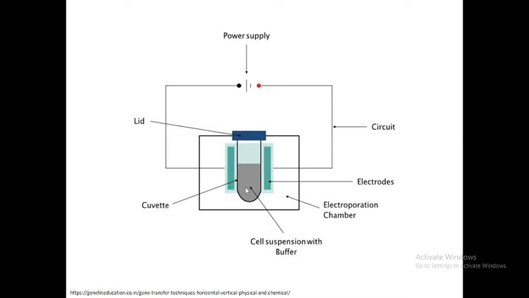Before applying the power, we have to take the bacterial cell or host cell suspension and mix it with the recombinant vector which we are going to transform into the host cell.